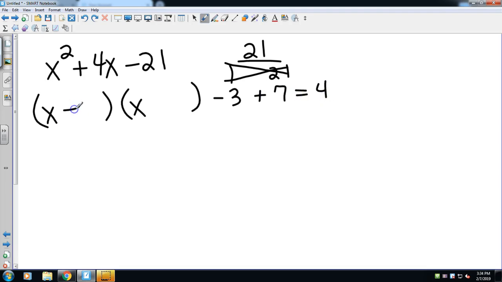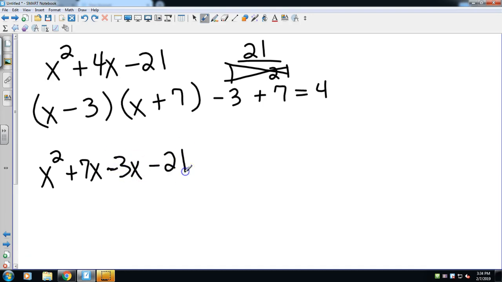So those are going to be my factors, negative 3 and 7. They multiply to get negative 21, and they add together to get 4. I'm not going to draw the arrows this time. First times first is x squared. Outside times outside is 7x. Inside times inside is minus 3x. And last times last is negative 21.